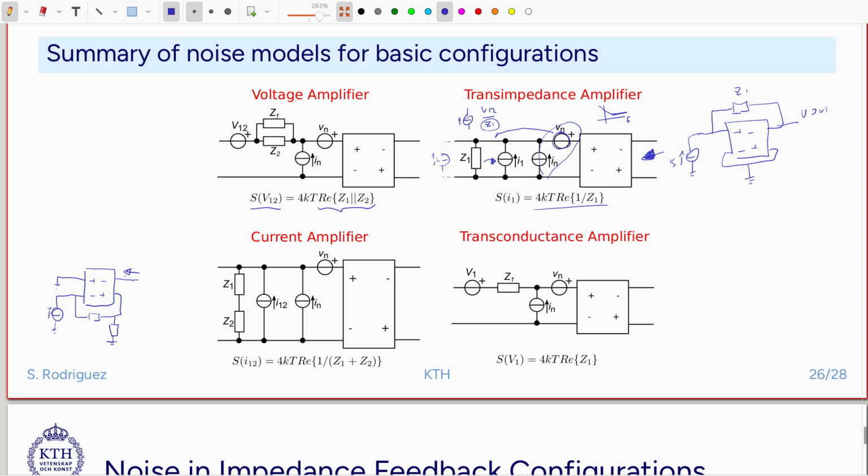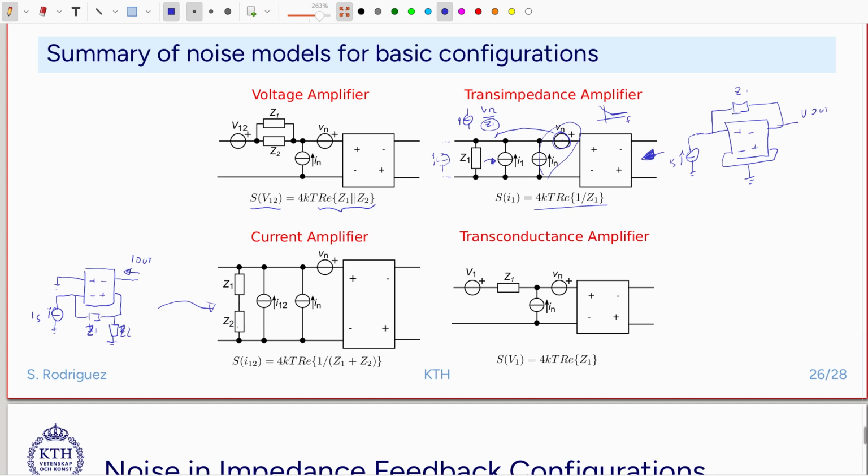So we have this situation here, R1 and R2. The model for this one is the following. There will be impedances Z1 and Z2.